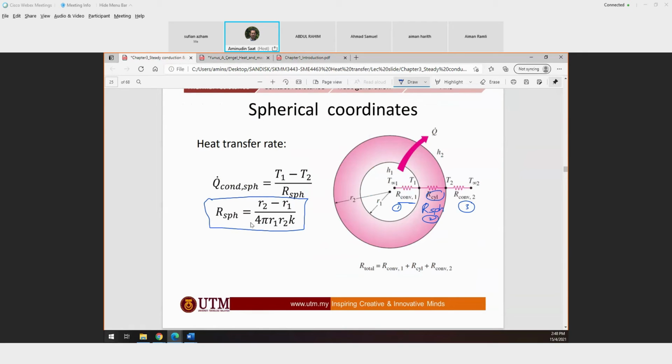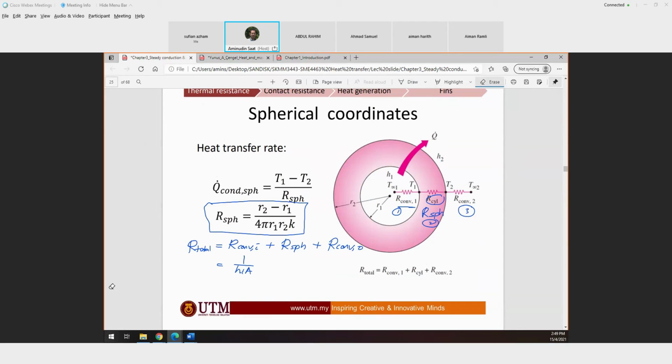If you want to calculate the R total for the spherical, this equals R convection inside plus R spherical plus R convection outside. Same thing, 1 over h_i A. This is i.